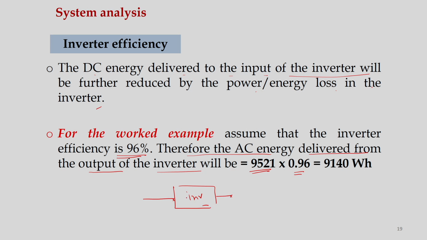The inverter efficiency, given as 0.96, is equal to power output by power input to the inverter.